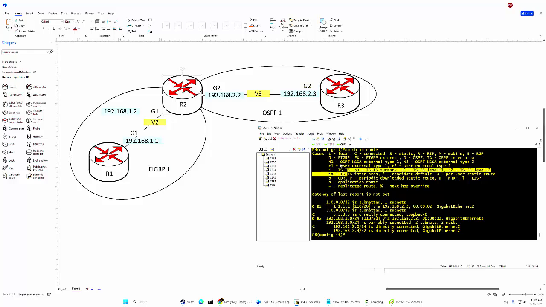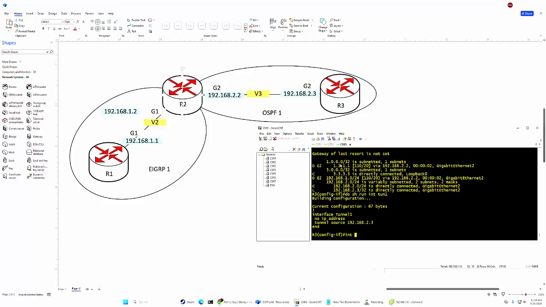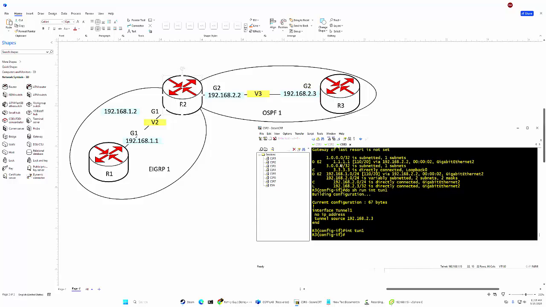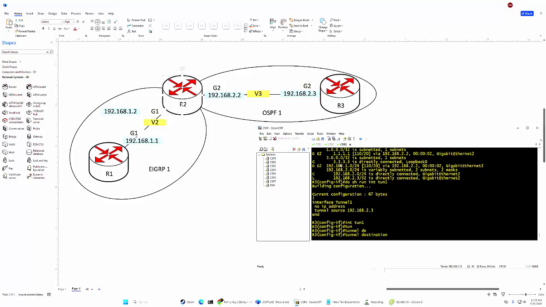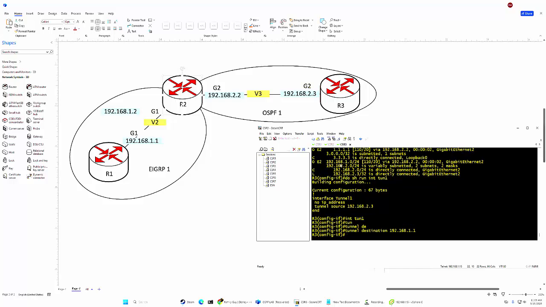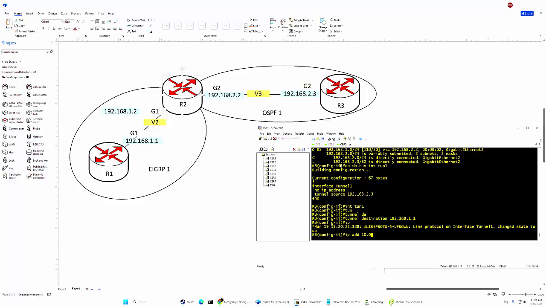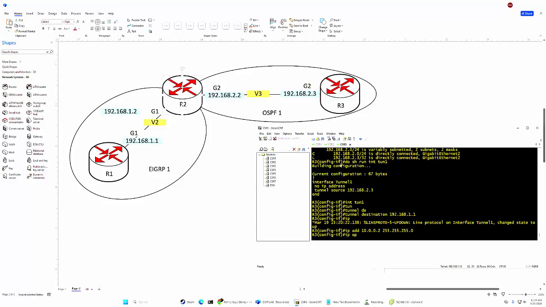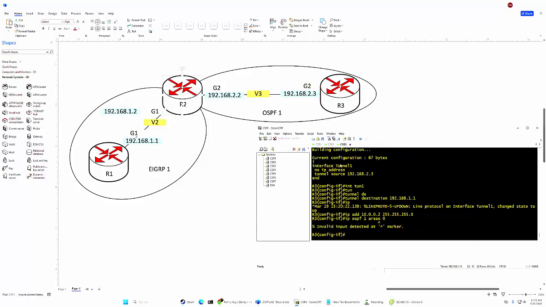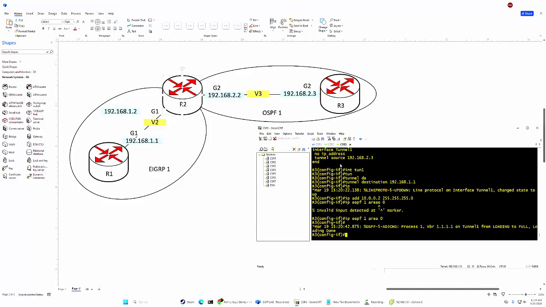So now we can go back into our tunnel. We're already loaded, so let's go over here to router 1.